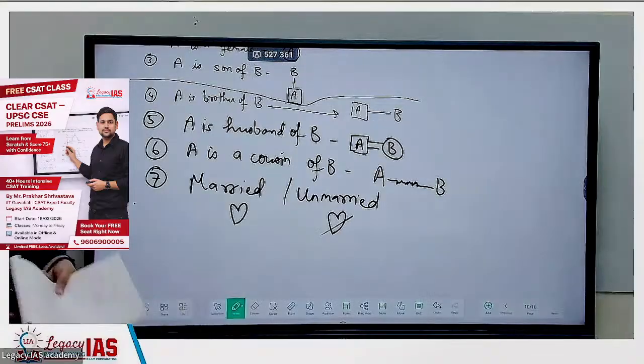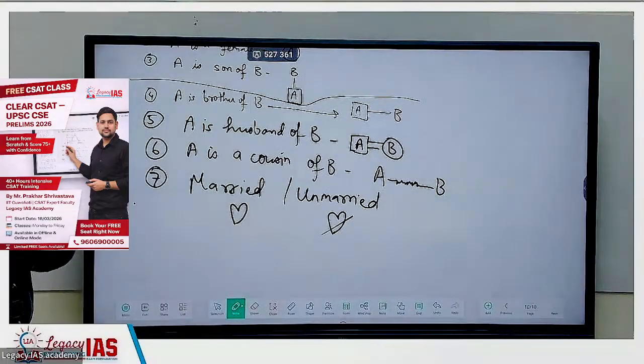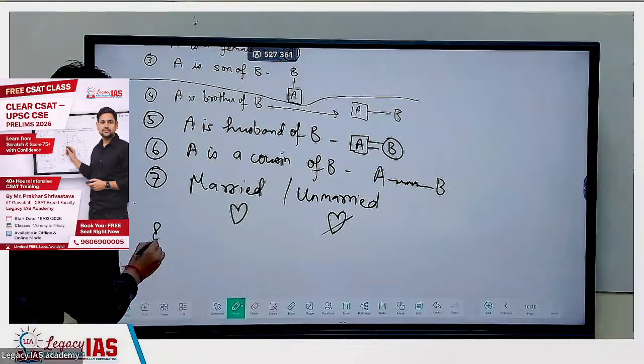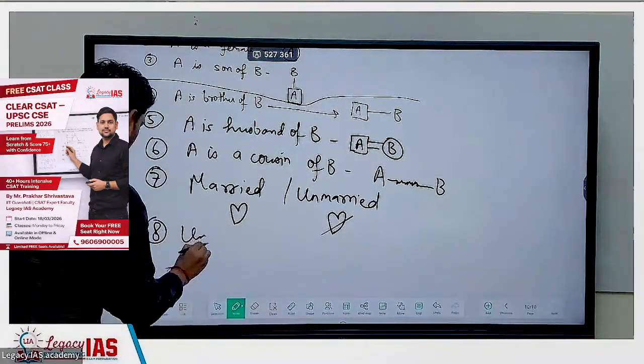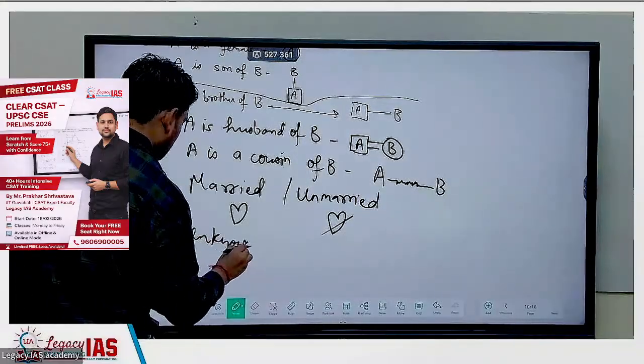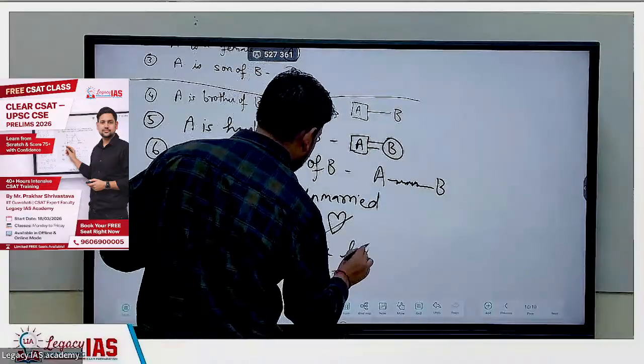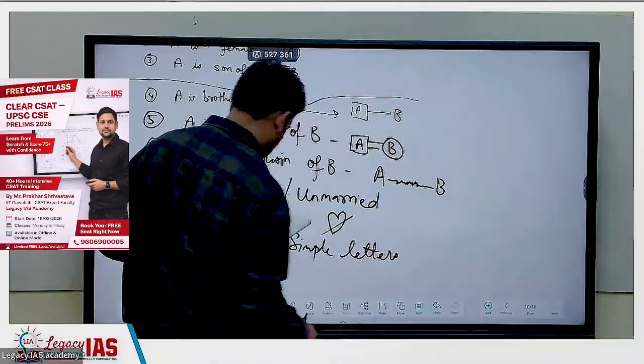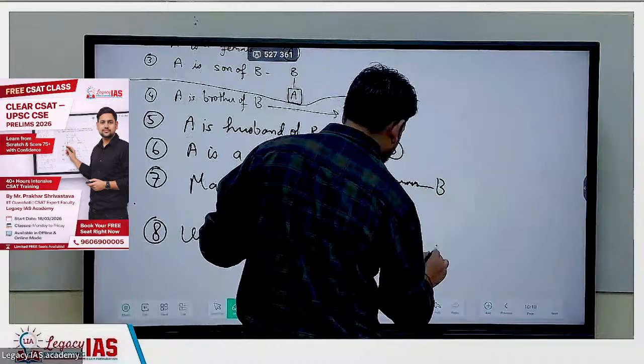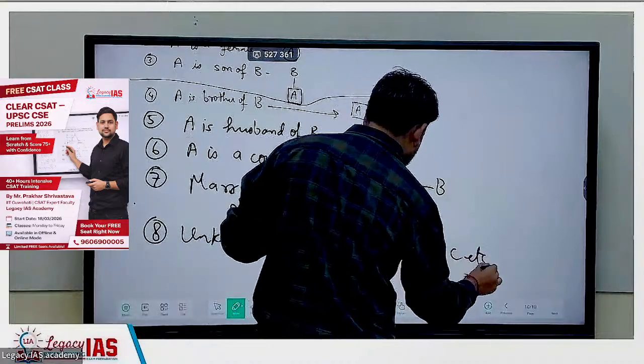That's it. Unknown letters, you already know that we don't put them inside any square, box or circle or anything like that. If you want, you can write this also: unknown are written as simple letters like A, B, C, etc.